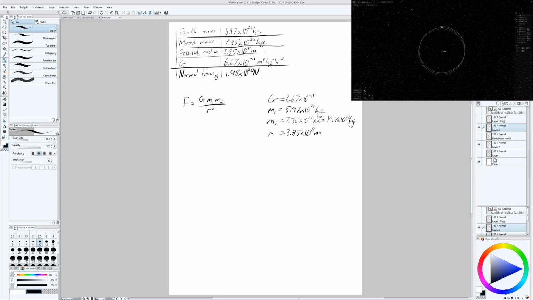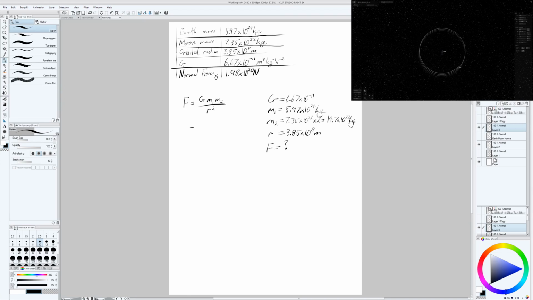So from the center of the Earth to the center of the Moon is, and I say approximately because it's been rounded to 3 significant figures, approximately 3.85 times 10 to the 8 meters, which is the same as 385 million meters. So we've got all our variables that we know written down, and we're trying to figure out the force, so that's our question mark.